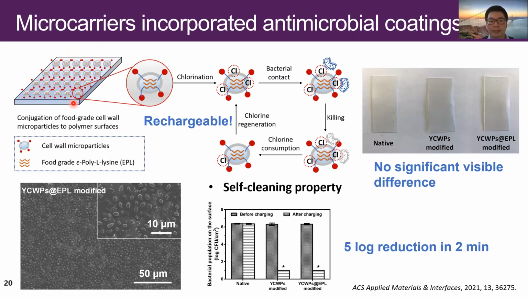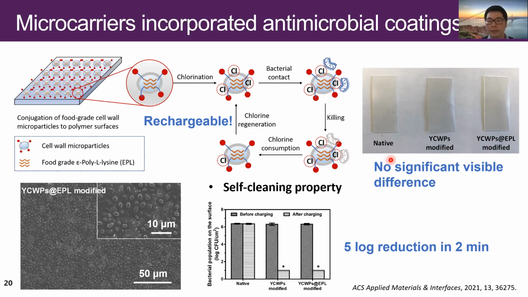So we can get these antimicrobial coatings on the plastic surface, and we can chlorinate the material, and then this chlorine can be charged on the material, and once they contact the bacteria, bacteria can be killed, but the killing process will also consume some chlorine. But if we re-expose the plastic films to 1% household bleach, the chlorine can be recharged.